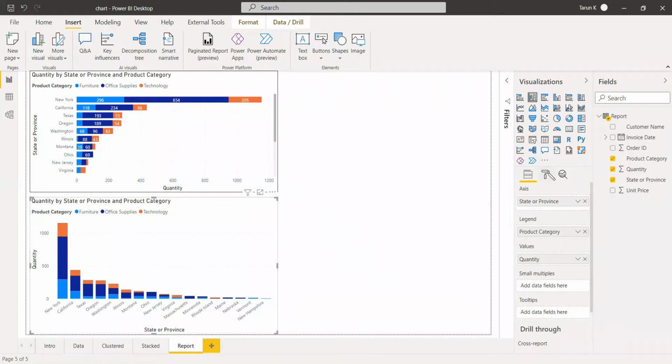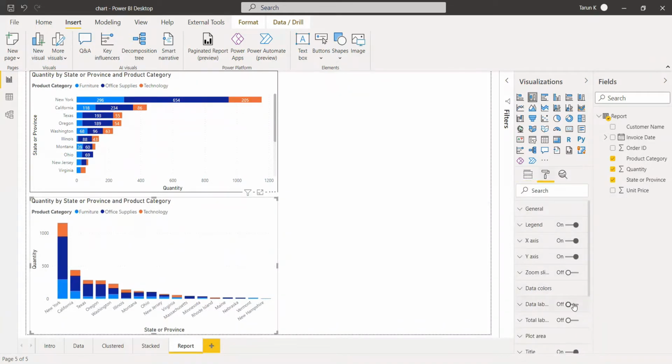So what we can do is enable the data labels. Here with respect to this, we can compare the product. Okay, here this product is higher. Like that we can find out.